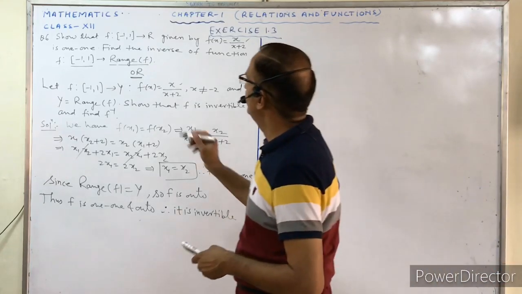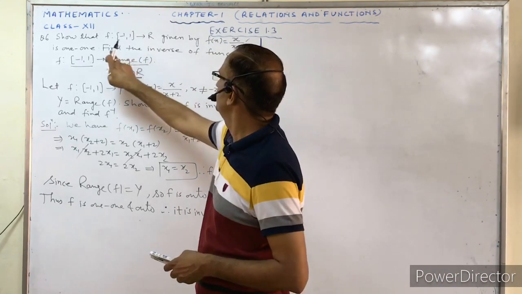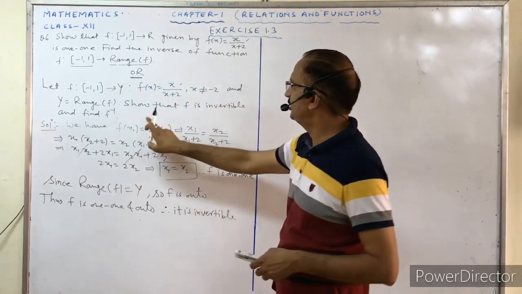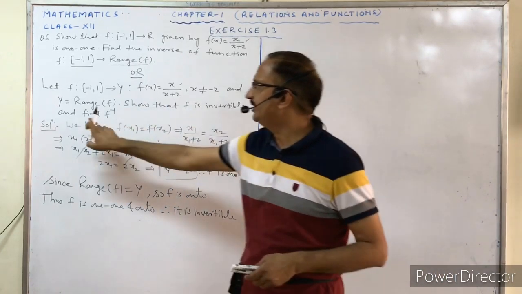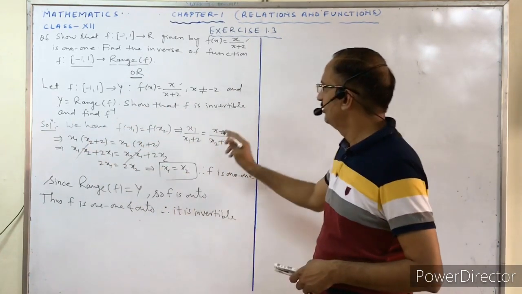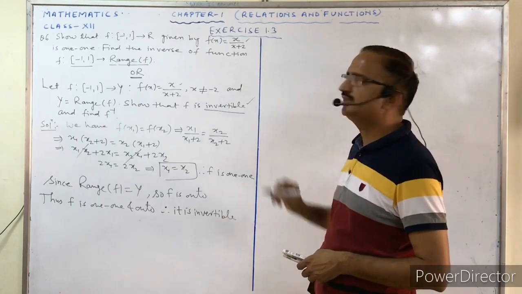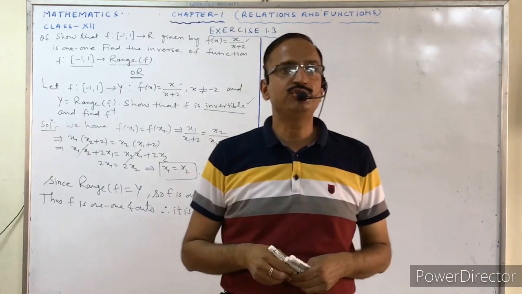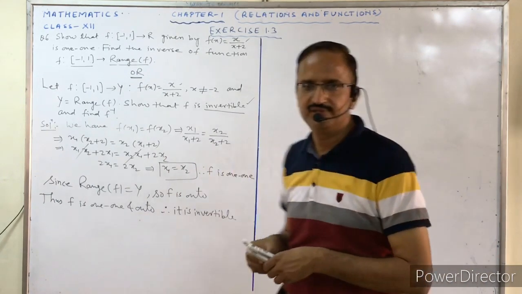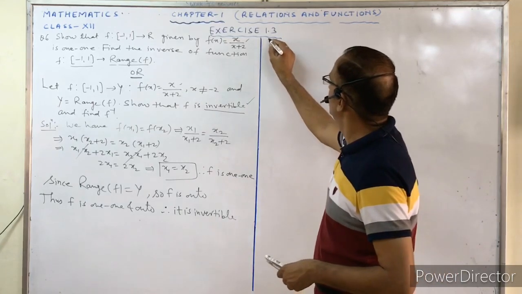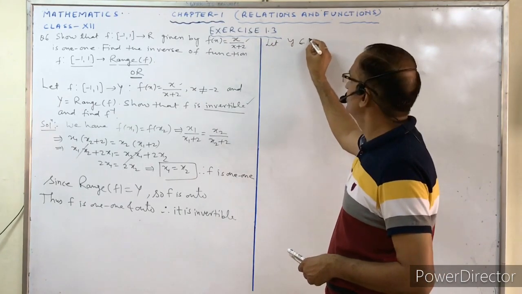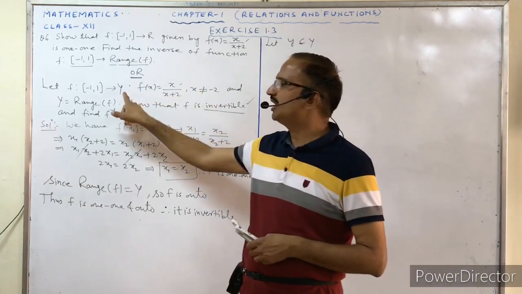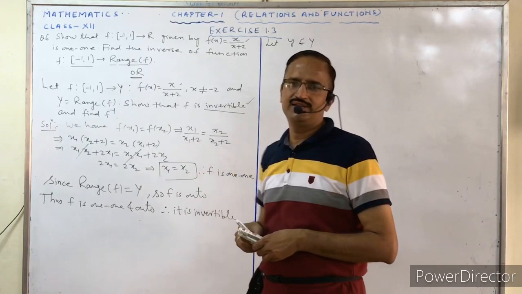So now we will find the inverse. In the first question it is find the inverse of the function. In the second also, show that f is invertible and find f inverse. The first part is to prove that the function is invertible. Now come to the second part: we have to find the inverse of f. For that, let y belong to Y. It means y is an element of the range of the function.